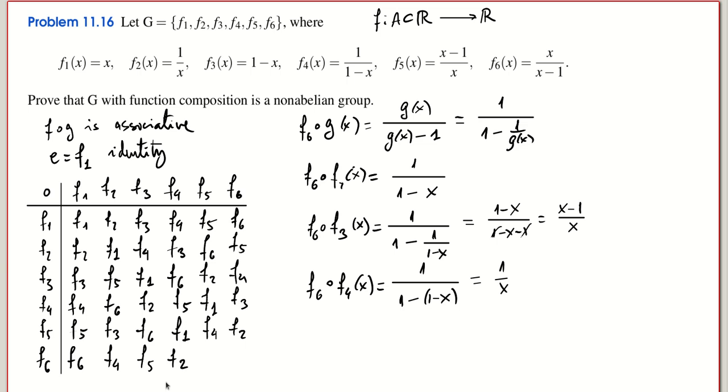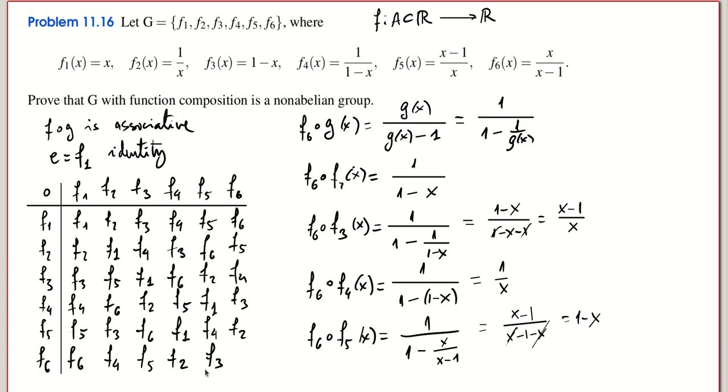All right, then you compose it with f5 as 1 over 1 minus x over x minus 1, okay, and then multiply this, we get x minus 1 divided by x minus 1 minus x. You cancel the x, so that's 1 minus x, which is f3.